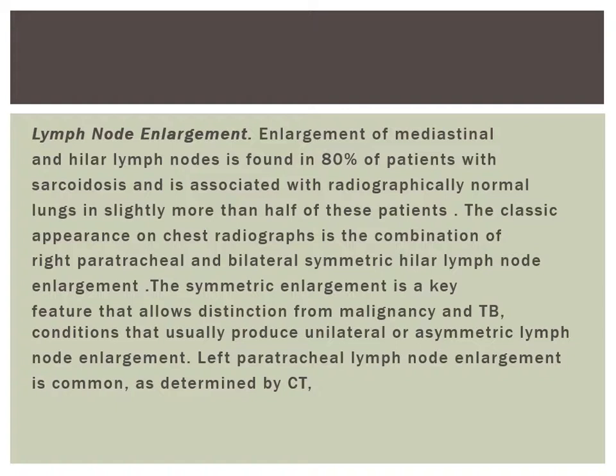The symmetric enlargement is a key feature that allows distinction from malignancy and TB, conditions that usually produce unilateral or asymmetric lymph node enlargement. The nodes are also seen lobulated because they are discrete. Left paratracheal lymph node enlargement is common, but on chest X-ray we can't see it clearly, so that's determined by CT.